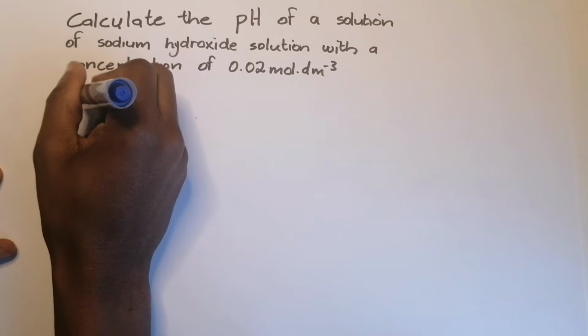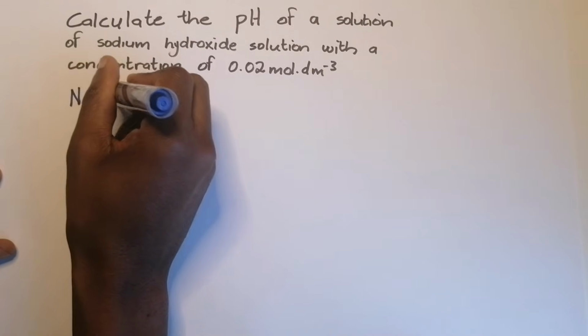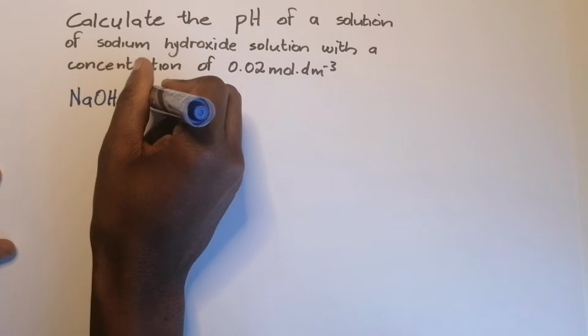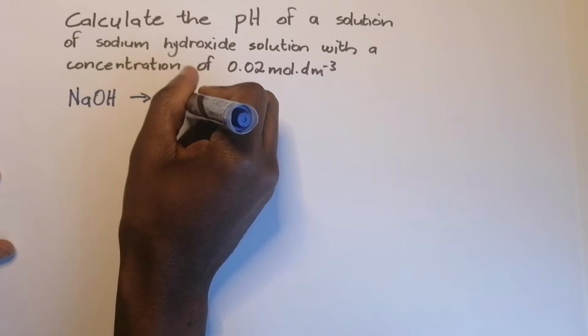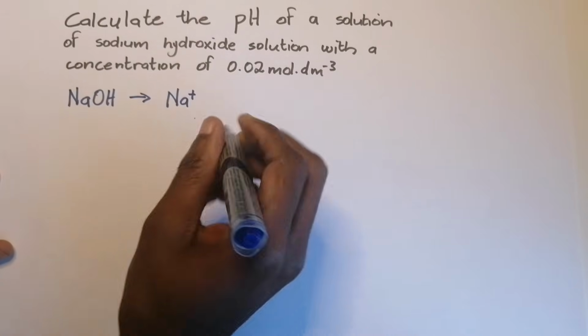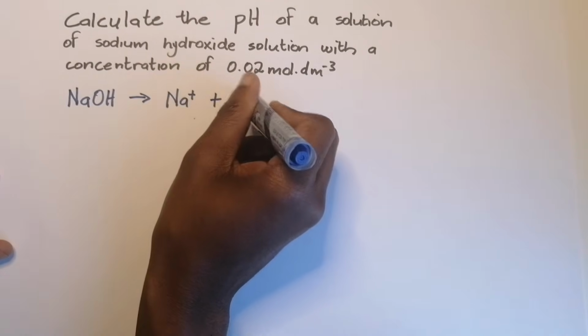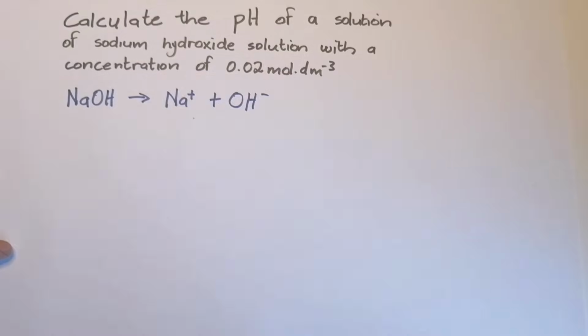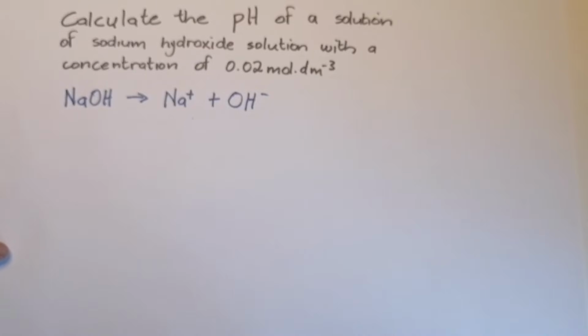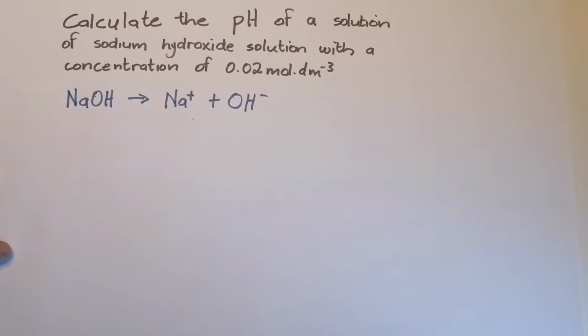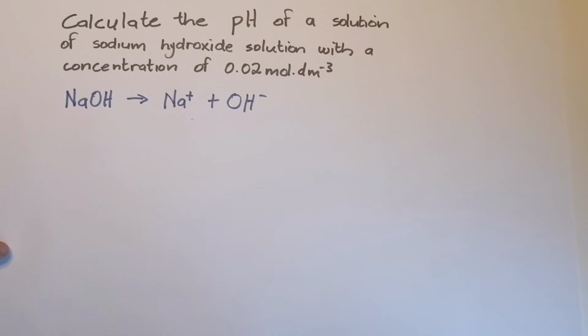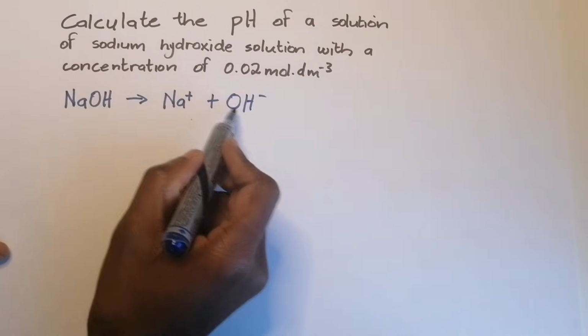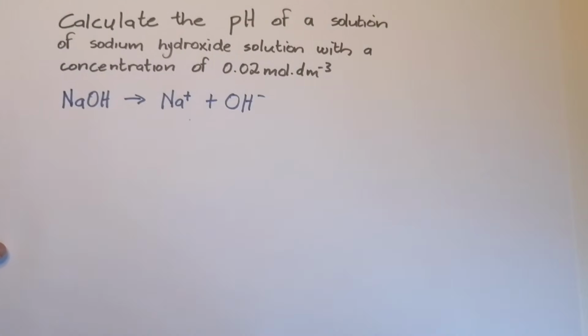What did we say? We said sodium hydroxide dissociates by becoming Na+ plus OH-. Sorry, I just need to zoom in there. So sodium hydroxide dissociates by becoming sodium plus and OH minus, right?